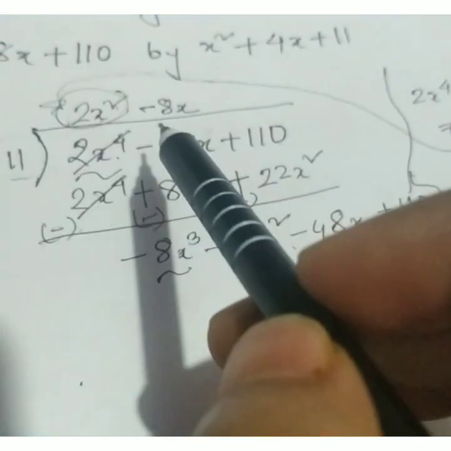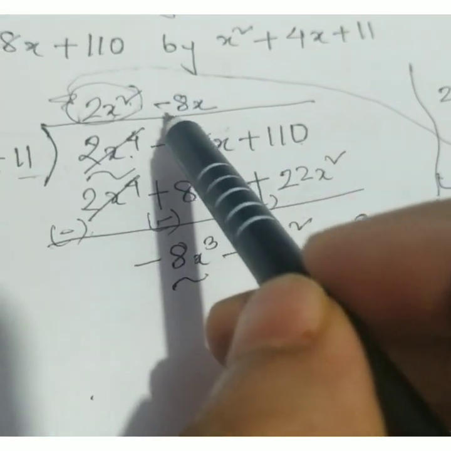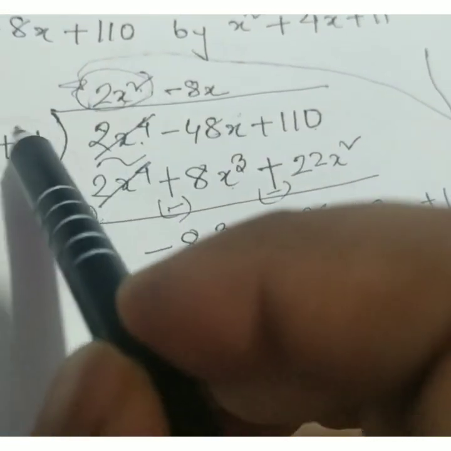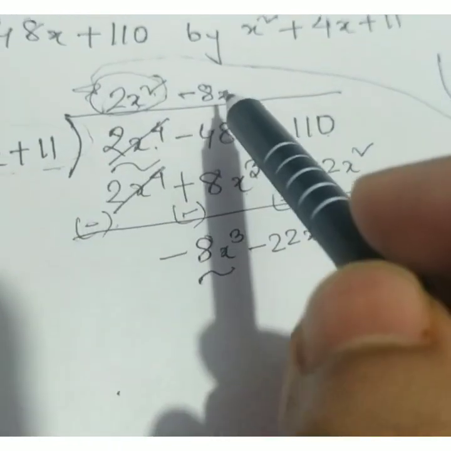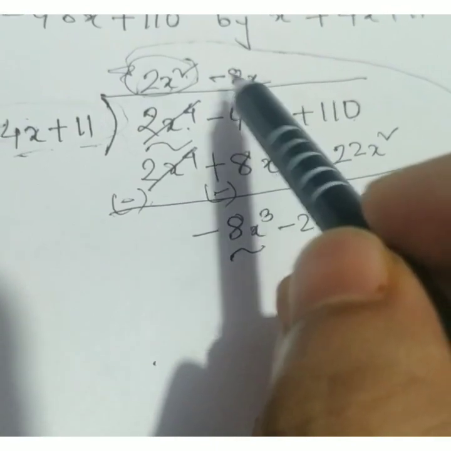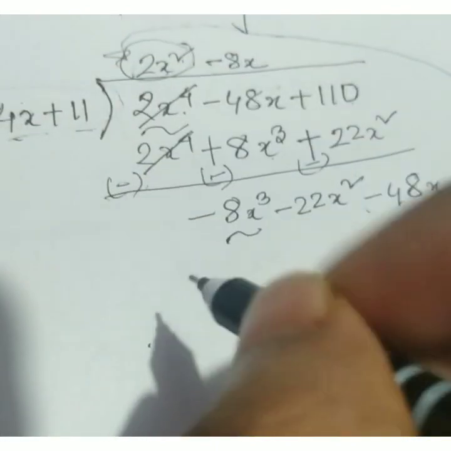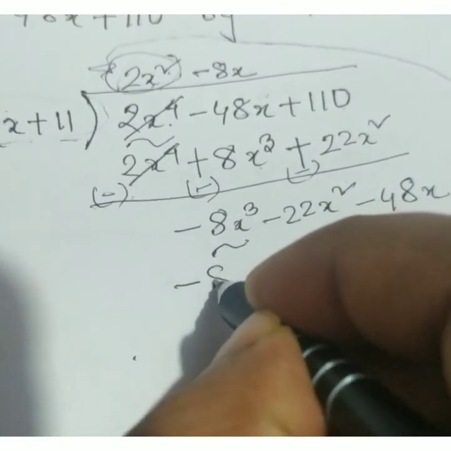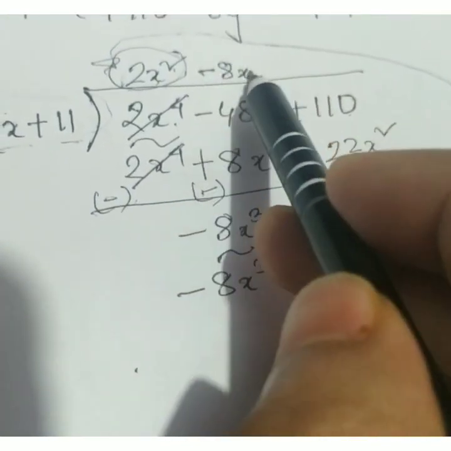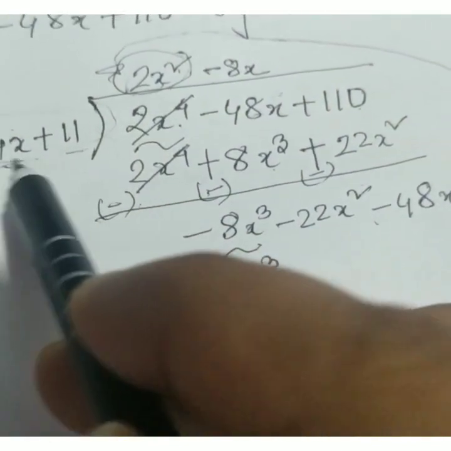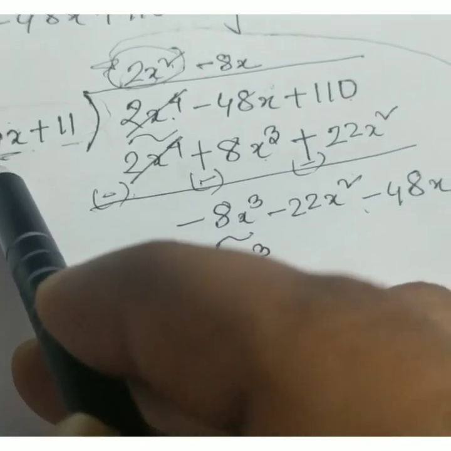Next step is, we need to multiply this minus 8x with the whole polynomial. So minus 8x into x² is minus 8x³. Minus 8x into plus 4x is what?